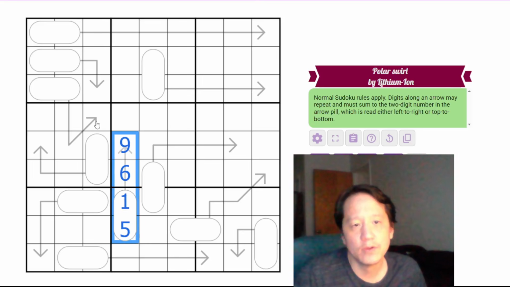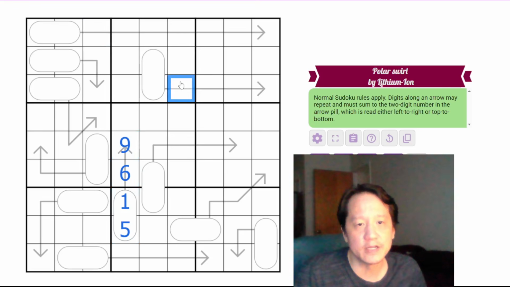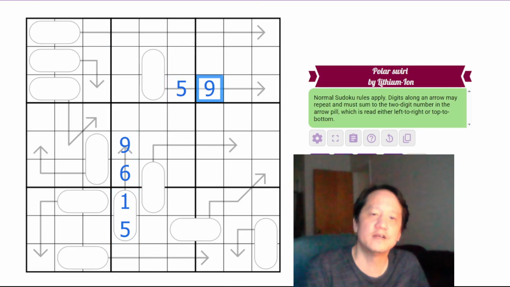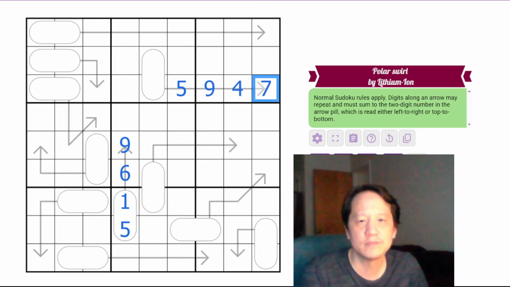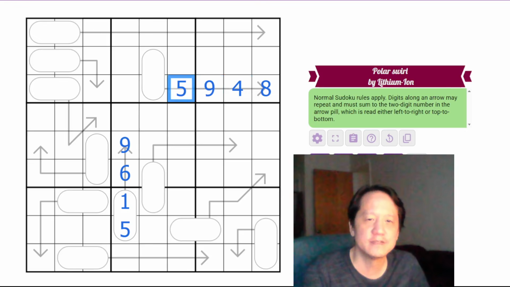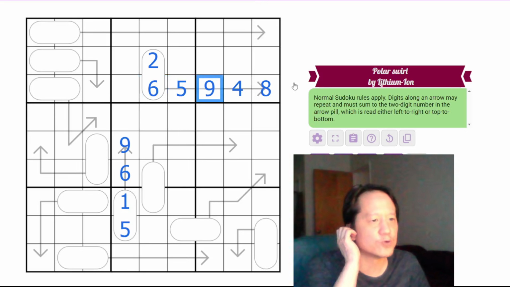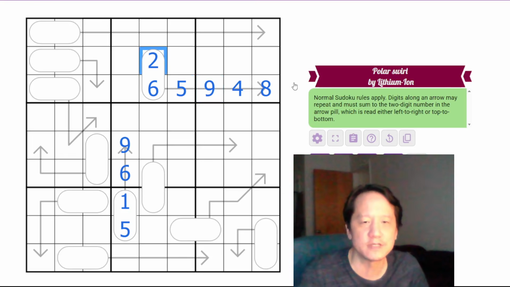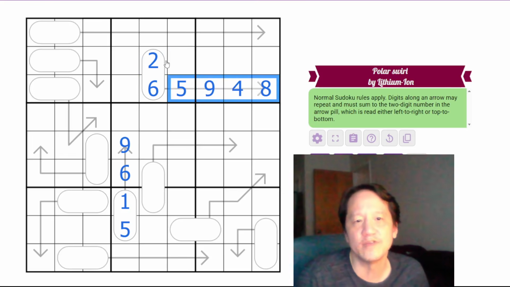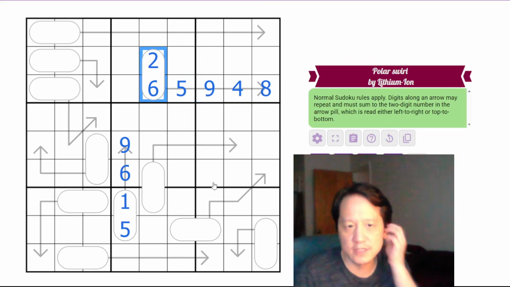Or you could have something like, say, 5, 9, 4, and 8, which adds up to 26. 5 and 9 is 14, 4 and 8 is 12, so that would be 26. So this is another example of how an arrow could work, right? Because these 4 digits, 5, 9, 4, and 8, add up to 26.